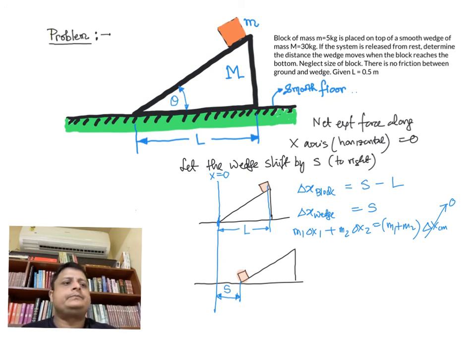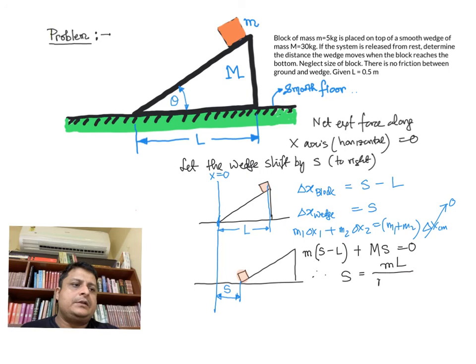So m1 for the block, so small m multiplied by s minus L, plus capital M multiplied by s is equal to 0. Therefore we get s is equal to mL divided by m plus capital M. In this case, the wedge shifts towards the right.